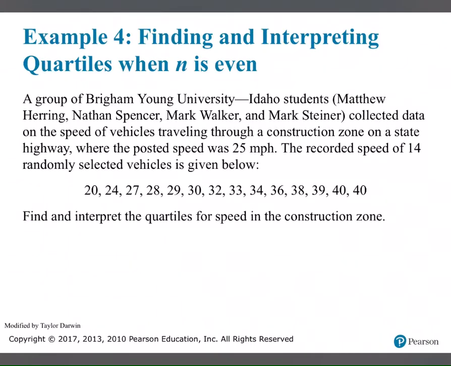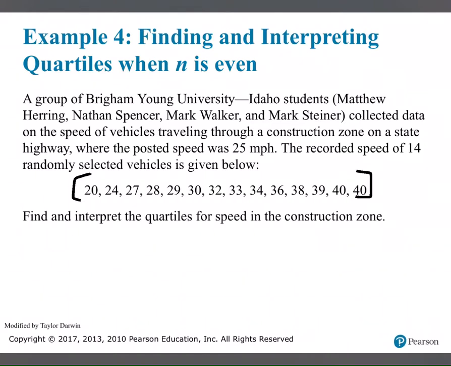Okay, it says we've got a group of students that collected the speed of vehicles traveling through a construction zone, and the speed posted was 25 miles an hour. Here's what cars were actually going, 14 randomly selected cars, and they were so nice, they already put it in ascending order. So we've got 14 vehicles, which means we're going to have two middle numbers.